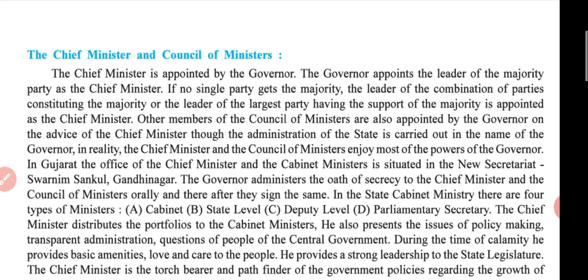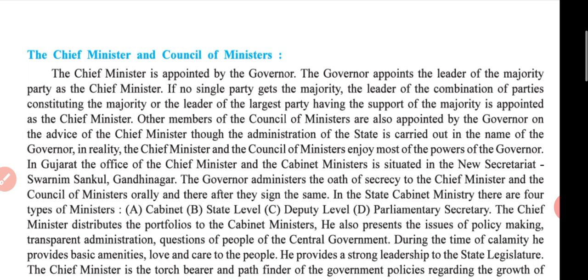The governor appoints the leader of the majority party as chief minister. If no single party gets a majority, then the leader of the combination of parties constituting the majority, or the leader of the largest party having the support of the majority, is appointed as chief minister.